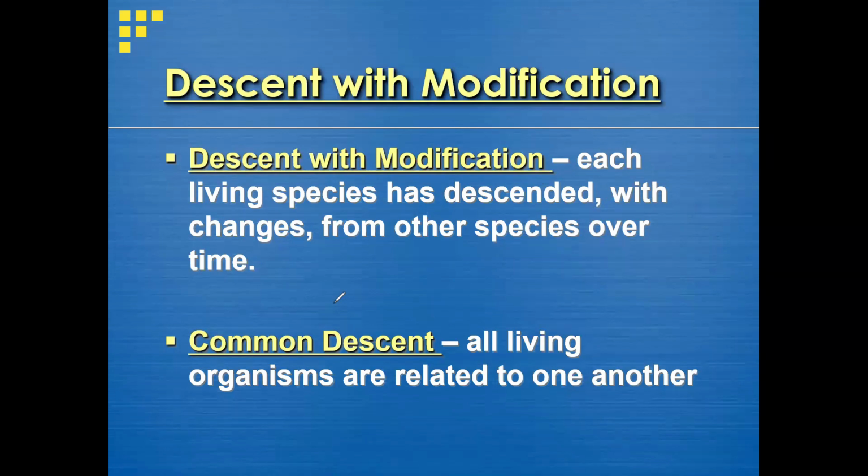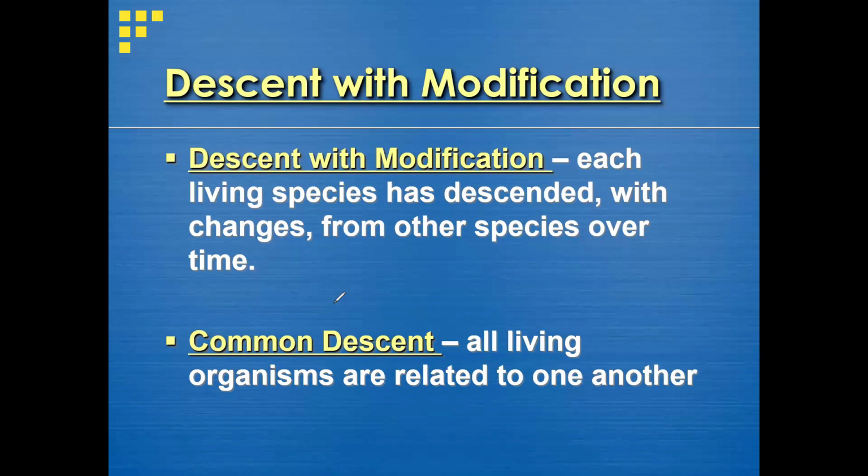And those modifications are important for them to survive in the environment. Therefore, all living organisms are descended from other organisms with slight modifications that make them suited to survival in a particular environment.